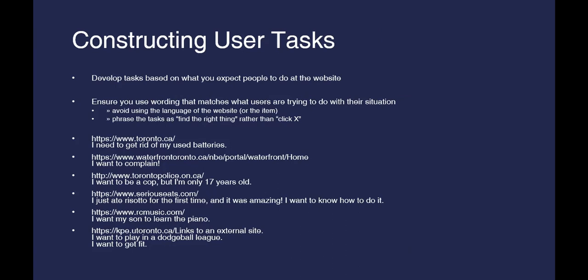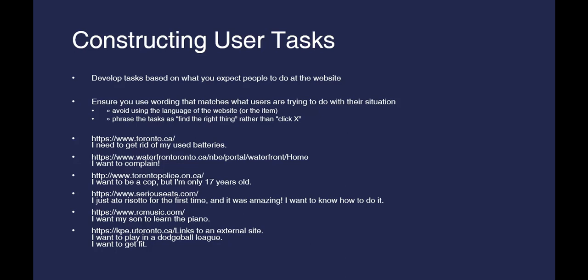So as I say here, continuing on with how to set this up, you want to develop the tasks, the questions, based on what you'd expect people to do at the website. So you want to ensure you use wording that matches what users are trying to do in their own particular situation, scenario. Try to avoid using the language of the website or the item itself, and phrase the task as, find the right thing or locate this particular thing rather than click X.